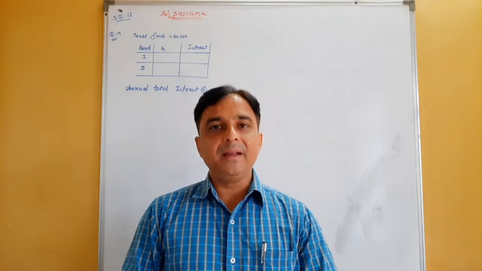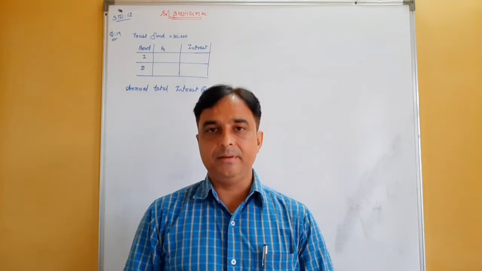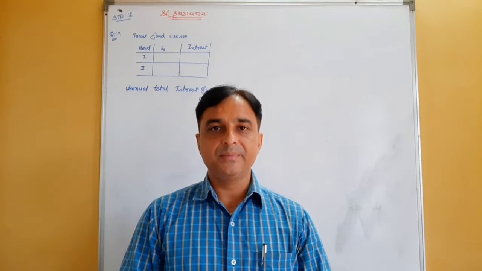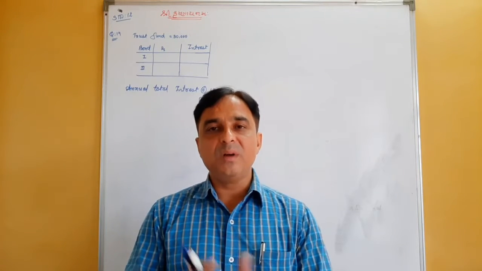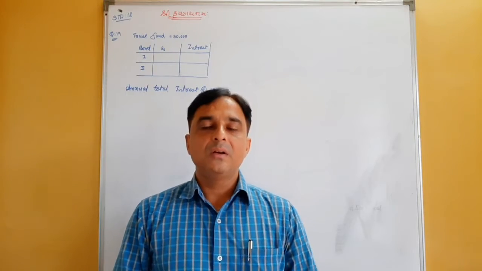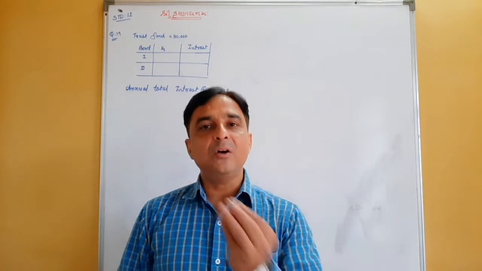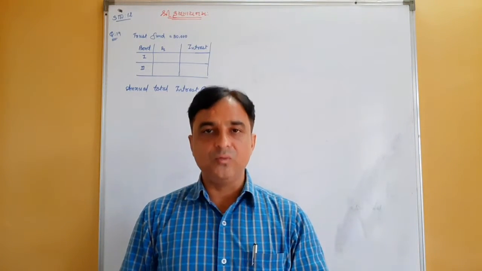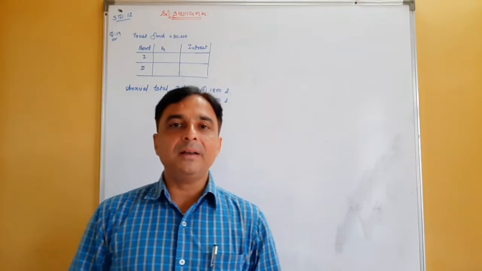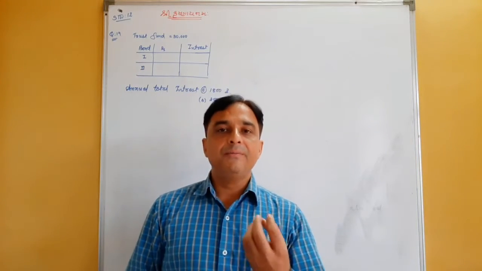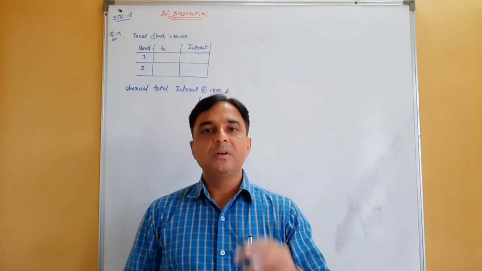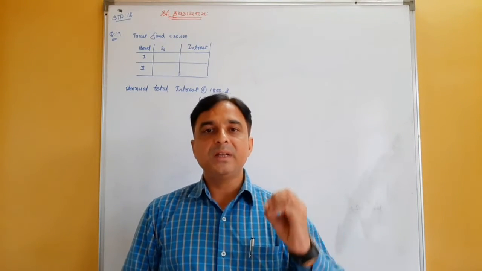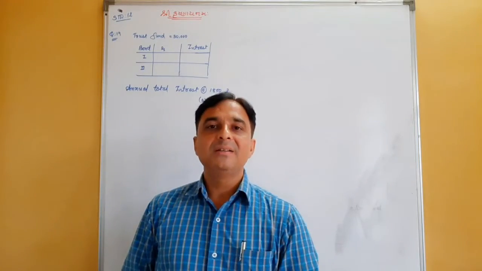So to obtain 1800 total interest, how much amount we have to put in the first bond and how much in the second bond, that we have to find. And if the total interest we need is 2000, then how much amount will be deposited in the first bond and how much in the second bond.